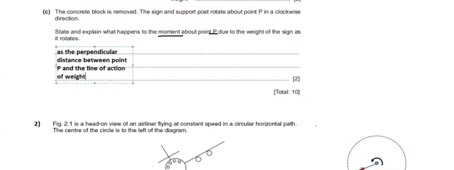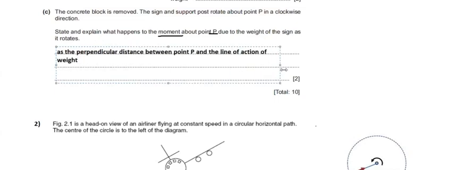What is the line of action of weight? That is nothing but the center of mass, because the line of action of weight is always passing through the center of mass.